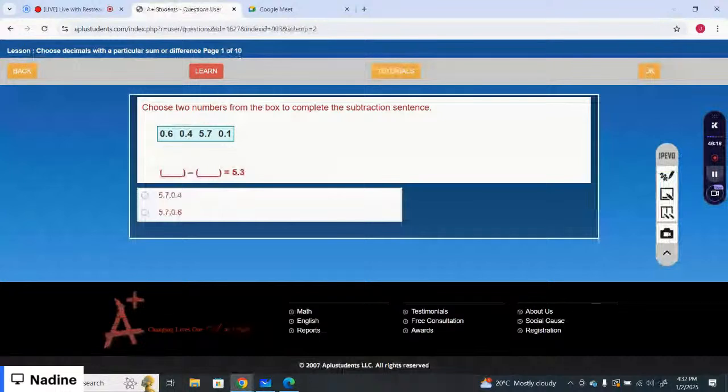Choose the two numbers from the box to complete the subtraction sentences. So which two numbers have the difference 5.3?